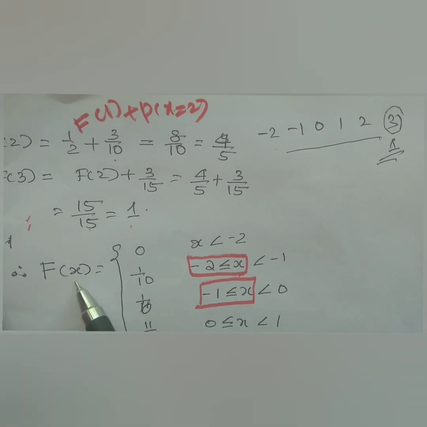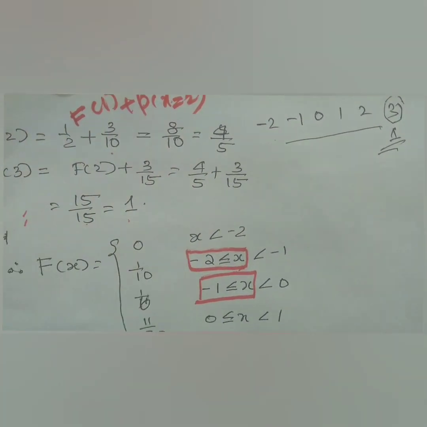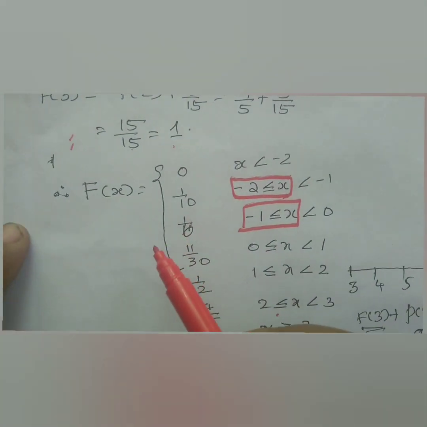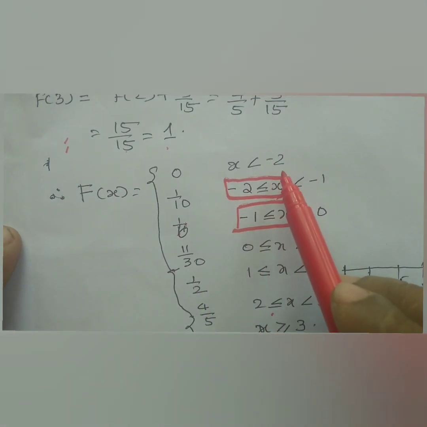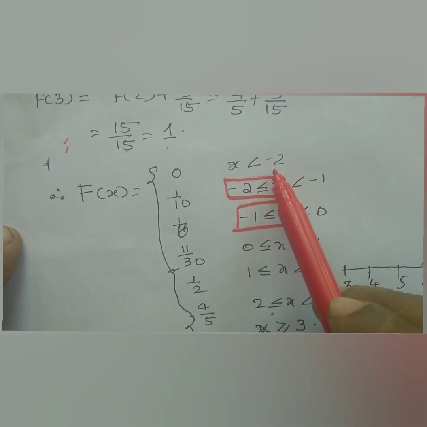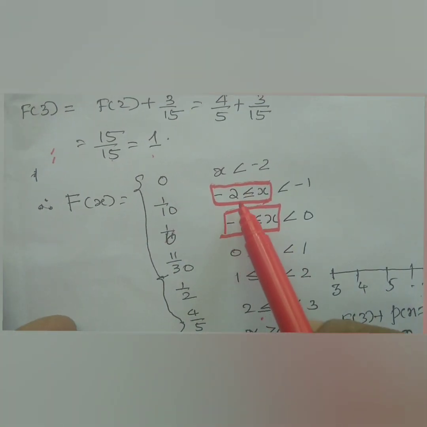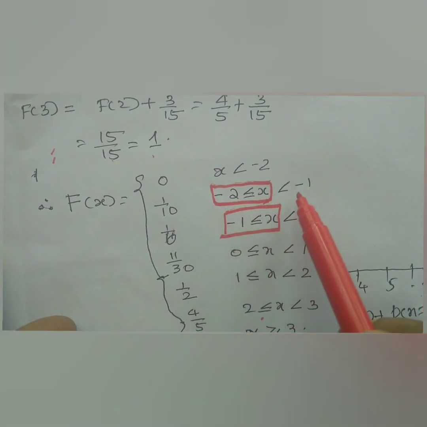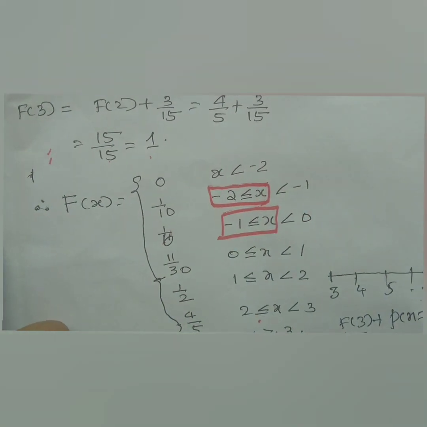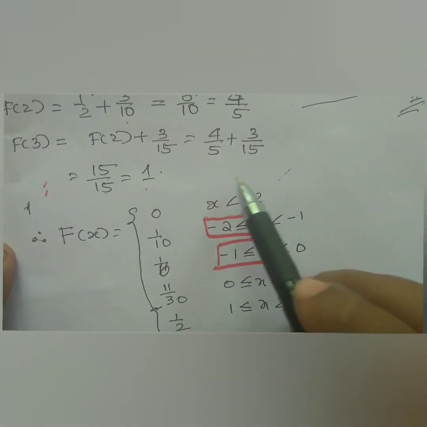So now how to write the function? So probability mass function f of x is equal to, you start from this minus 2, x less than minus 2, its value is equal to 0. And the probability lies between minus 2 and minus 1. So you split into intervals. What are the intervals?